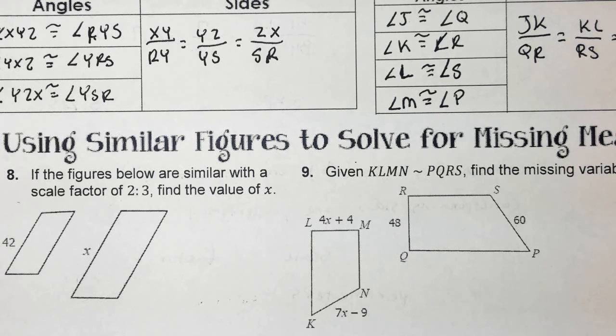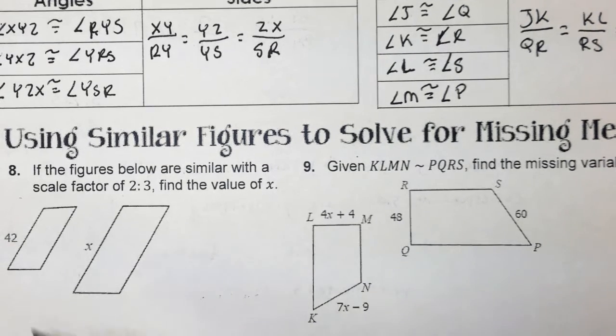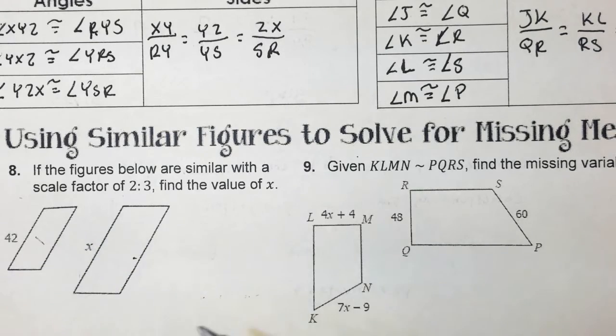If the figures below are similar with a scale factor of 2 to 3, find the value of x. So on this one, we tell you what the scale factor of the two figures are, 2 to 3.